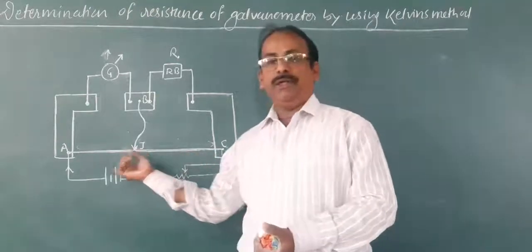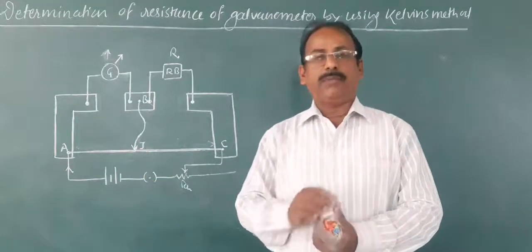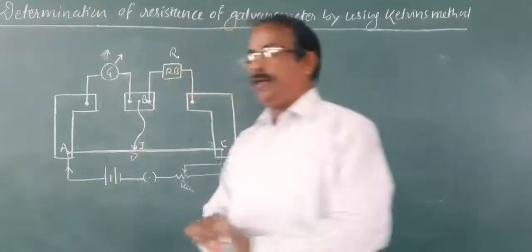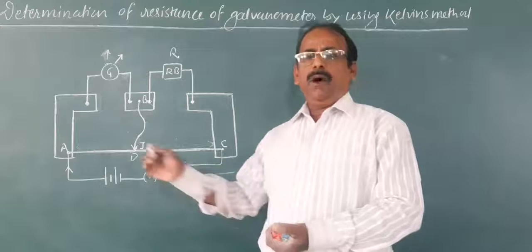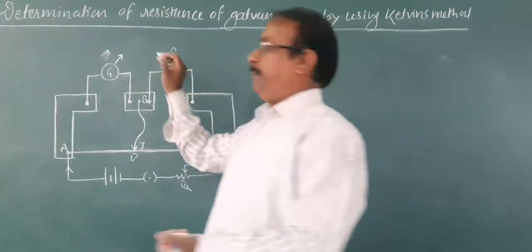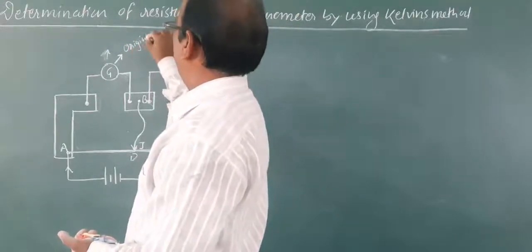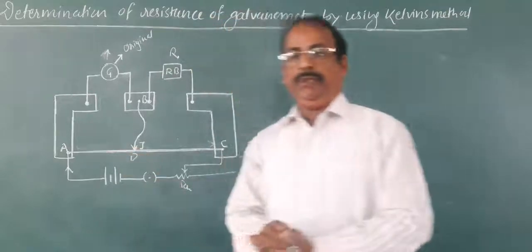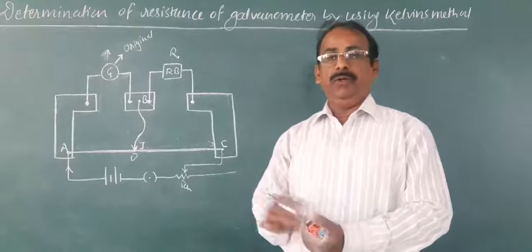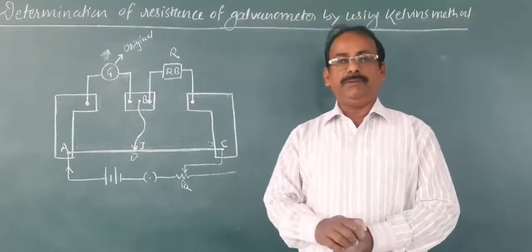By moving the jockey on this wire, find out such a point D on that wire for which this galvanometer will show its original deflection. This one is the original deflection. When the galvanometer shows original deflection, what is the meaning of this?